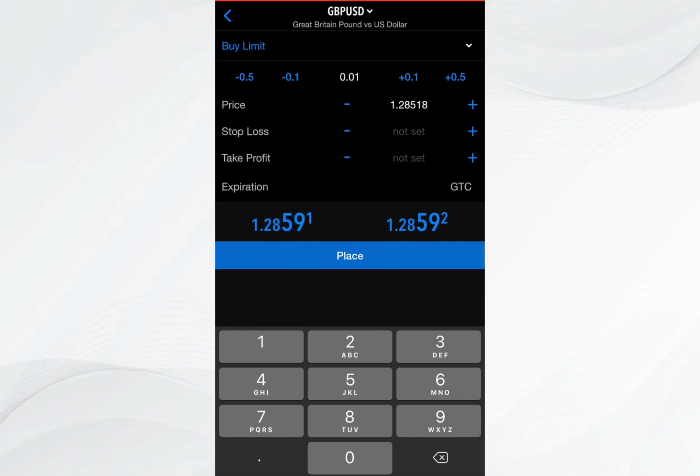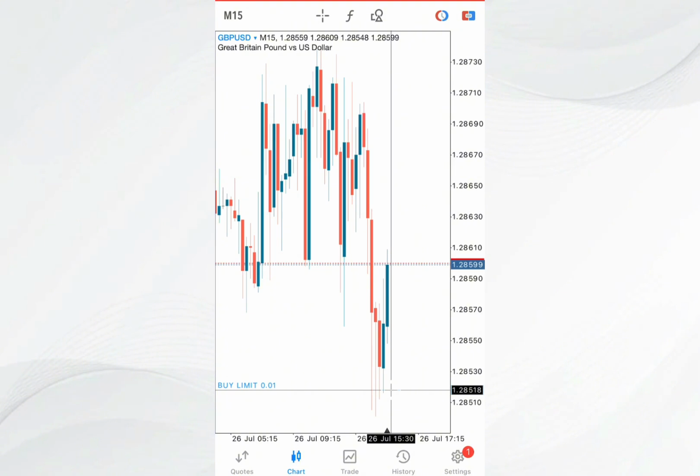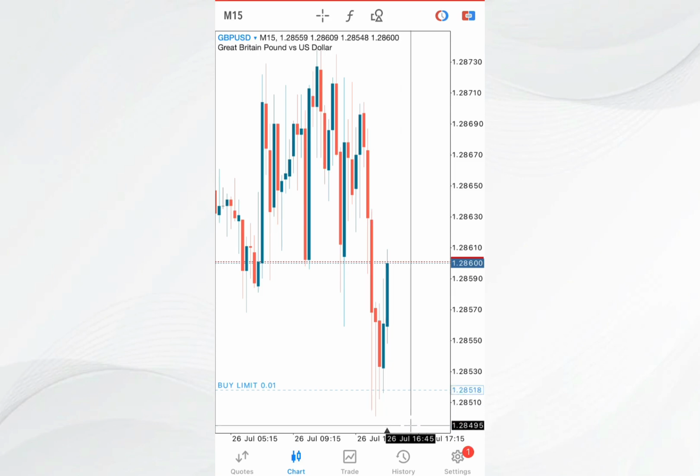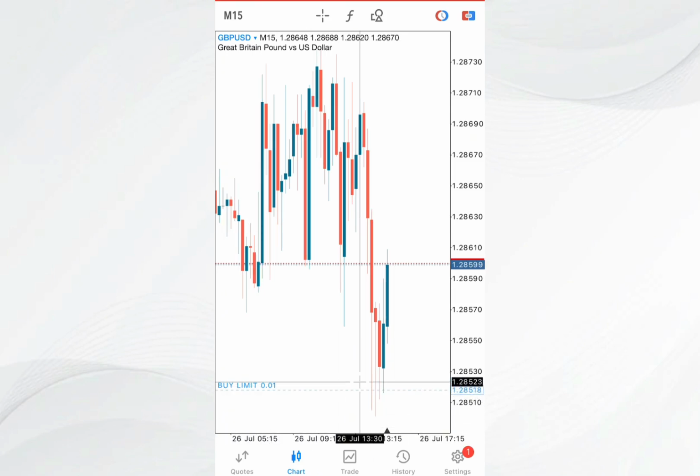Okay, so after putting up the price, you also put your stop loss. After you calculate your stop loss, put your stop loss, and then your take profit, and then you place the order. Okay, so let me place this order right now and look at the market. So right now you can see here it's written buy limit.